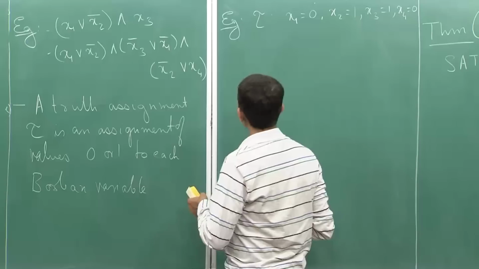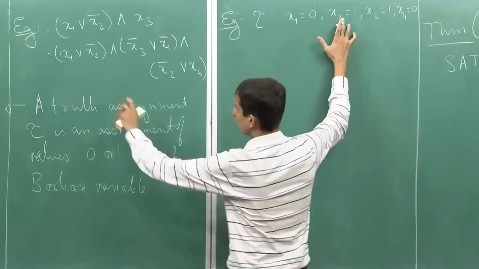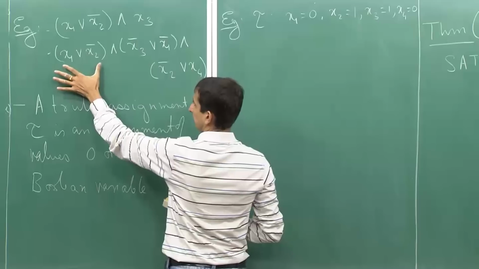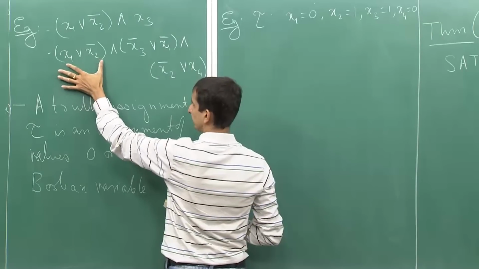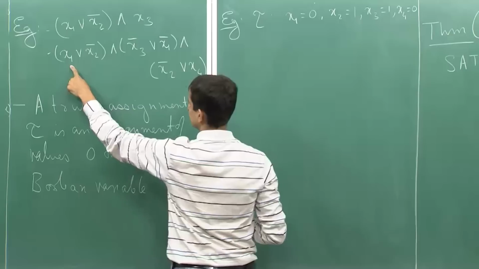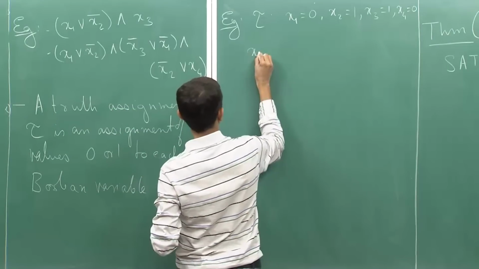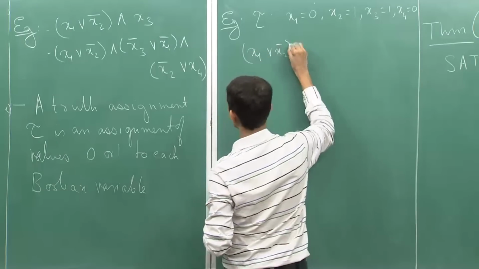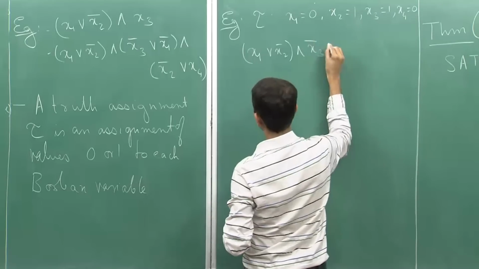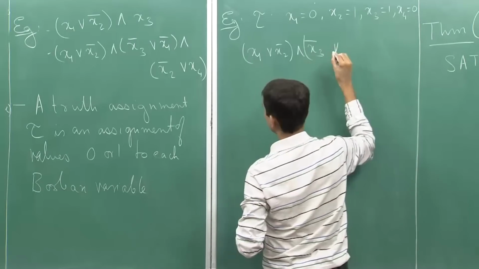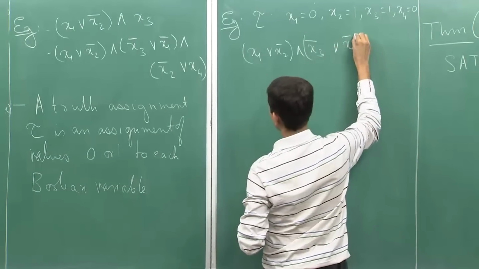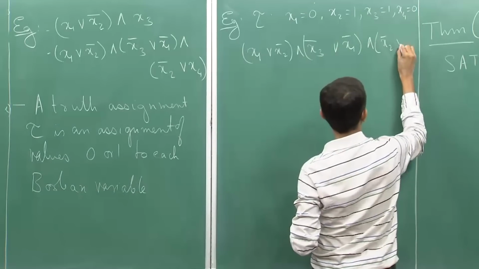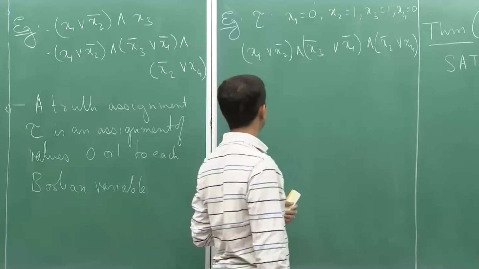Let me write it down. We have x1 or x2 bar, and, x3 bar or x1 bar, and, x2 bar or x4.